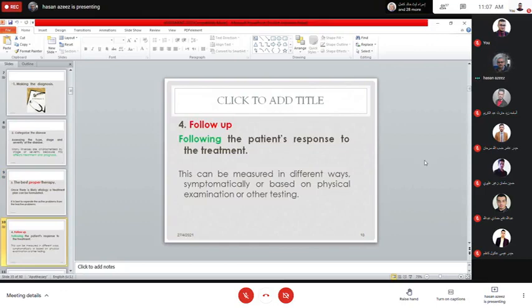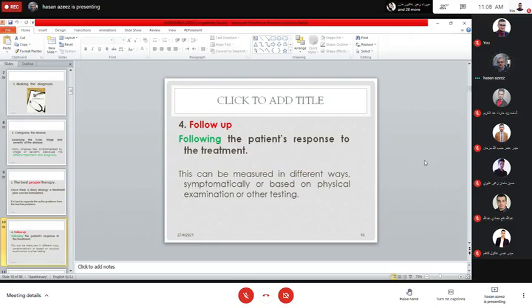The fourth step, and a very important step, is follow-up. Following the patient's response to treatment. Sometimes we revisit the differential diagnosis and maybe change the diagnosis completely and give another treatment for something else, because the right treatment is different from the first impression, found by follow-up.